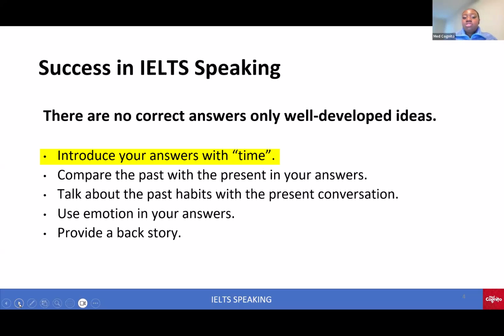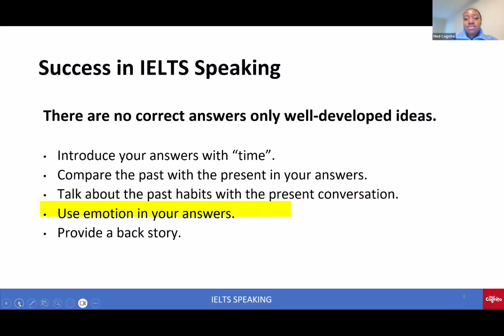So that's a way that you could introduce your answer with time. The second is comparing past and present in your answers. So talking about a past experience and bringing it into the present of the question that you're answering. The next is talking about past habits with the conversation that you're presently having with who you're testing with.